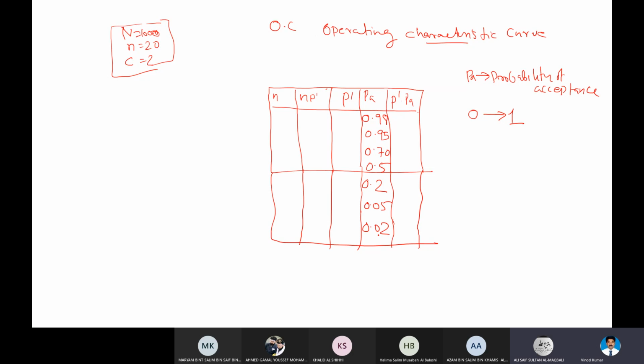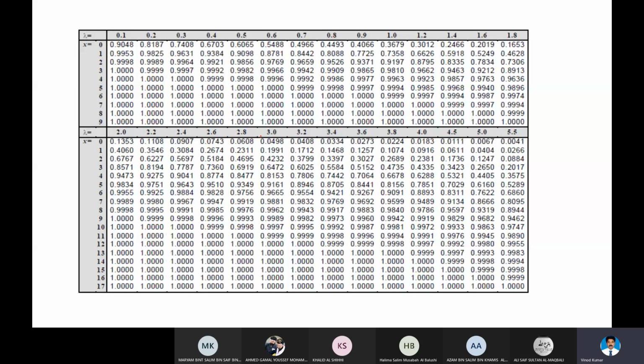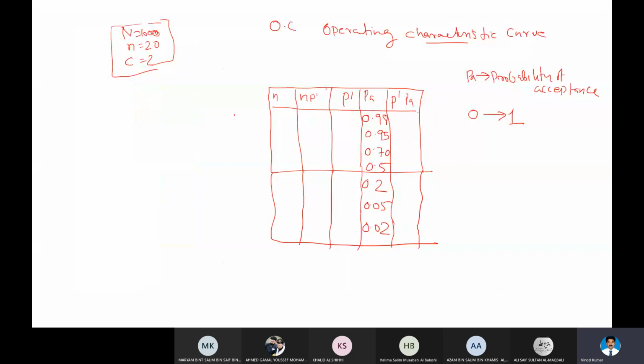Yes, doctor. Now I need to fill this table. Here small n, the number of samples, is 20, and C, the acceptance number, is 2.